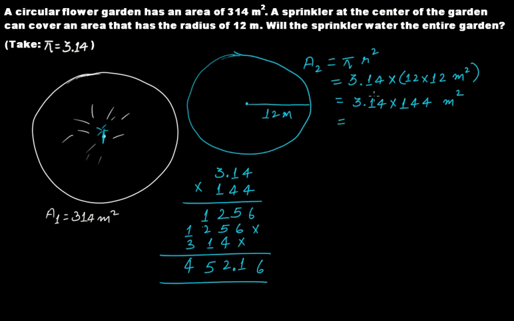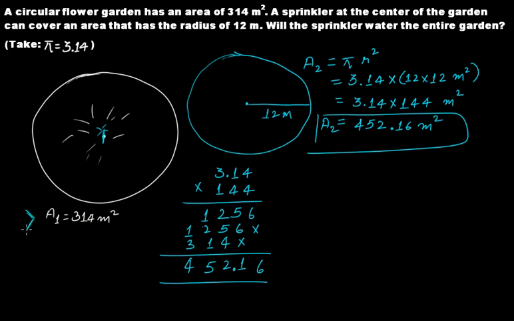So this area comes as 452.16 meters square. So the area that this sprinkler covers is actually 452.16 meters square. Clearly this value 452.16 is greater than 314.